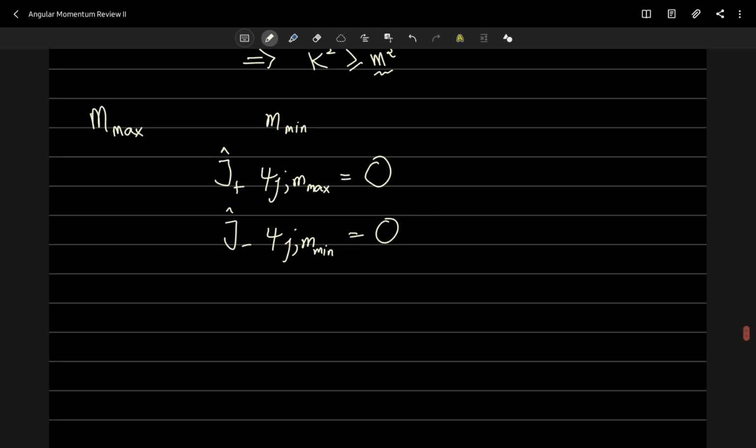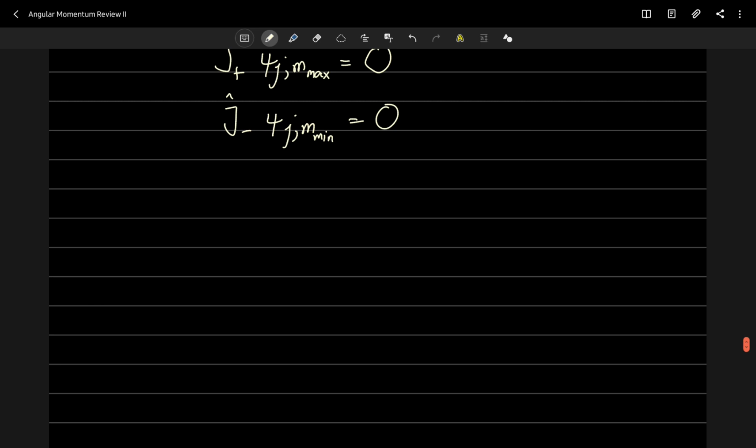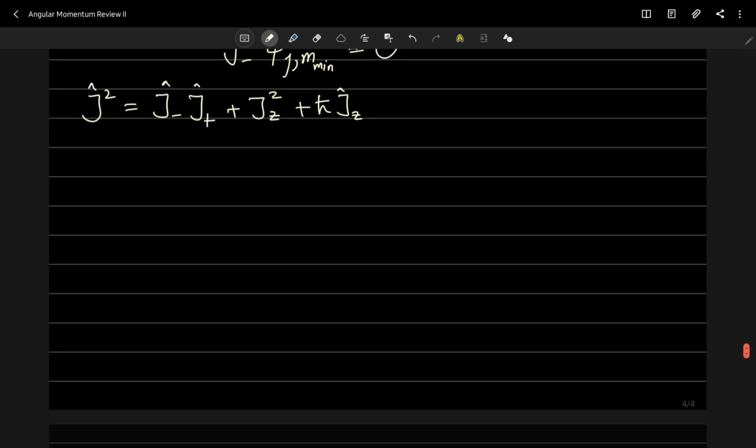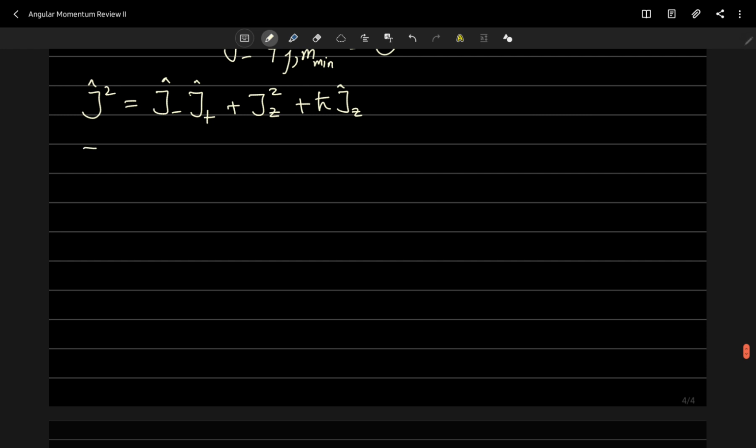Now, from this relation that we had, that j squared is equal to j minus j plus plus jz squared plus h bar jz, let's take j squared and operate on psi j m maximum.